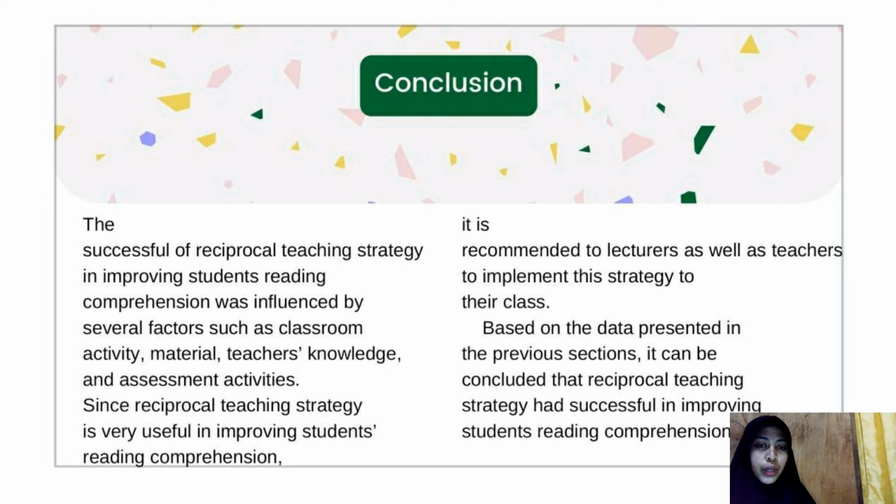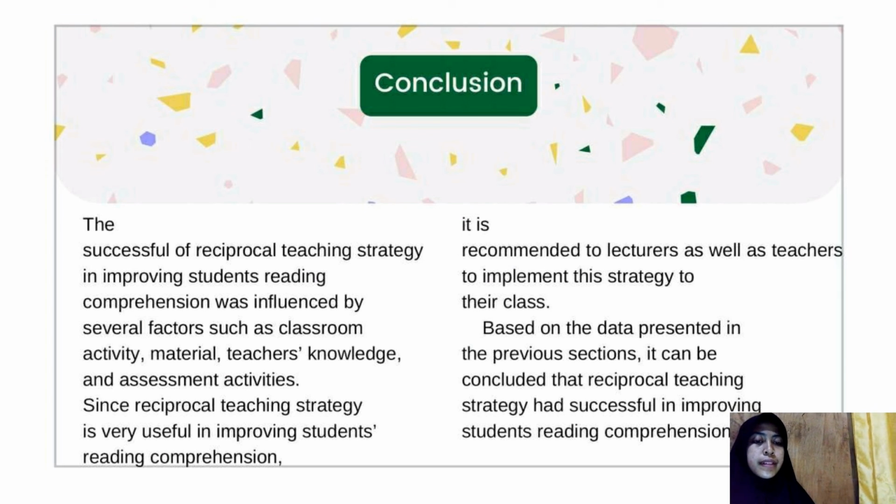The success of reciprocal teaching strategy in improving student reading comprehension was influenced by several factors such as classroom activity, material, teaching knowledge, and assessment activity. Since reciprocal teaching strategy is very useful in improving student reading comprehension, it is recommended to rectors as well as teachers to implement this strategy in their classes.